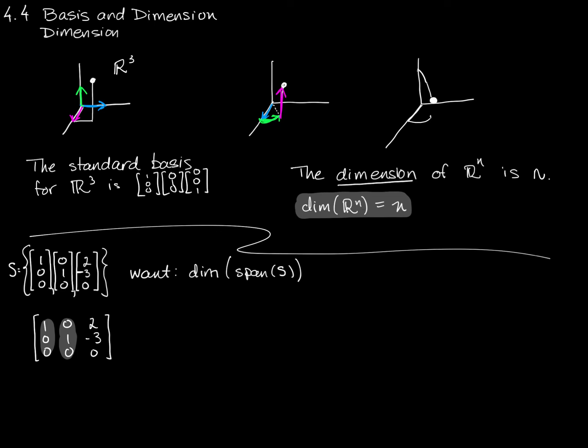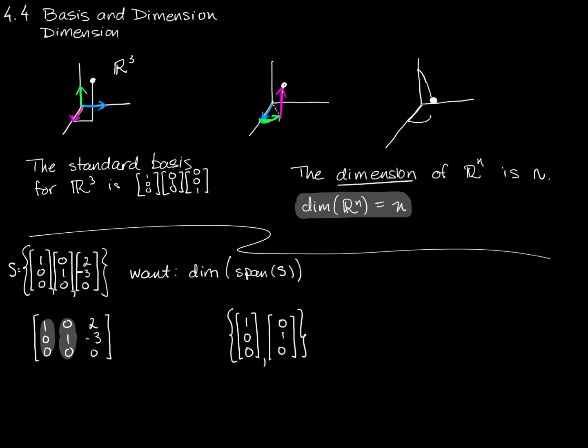So the two vectors (1, 0, 0) and (0, 1, 0) form a basis of this set of vectors. And remember, we said back in the last video when we were talking about finding a basis, that what we have found is a basis for the subspace spanned by S, right?